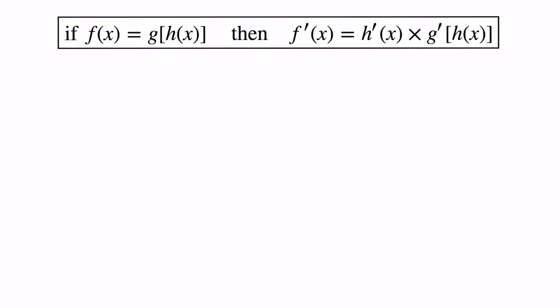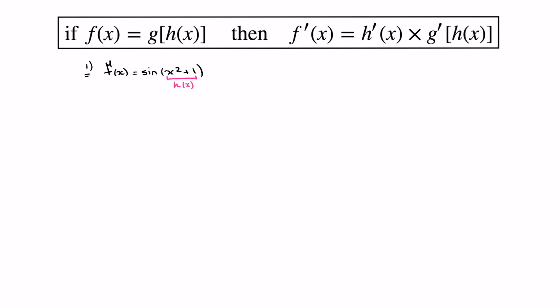Let's say we're given the following function. f of x equals sine of x squared plus 1, and that we're asked to differentiate this function. Well, the first thing we notice when we look at this function is that it's a composite function. And indeed, we can see that there's an inner function here, which we'll call h of x.